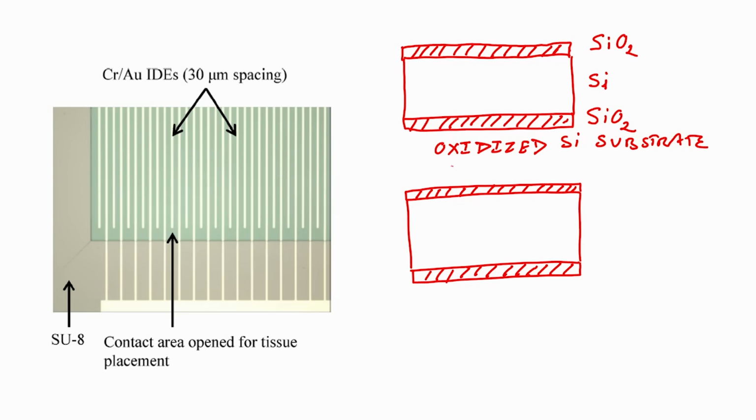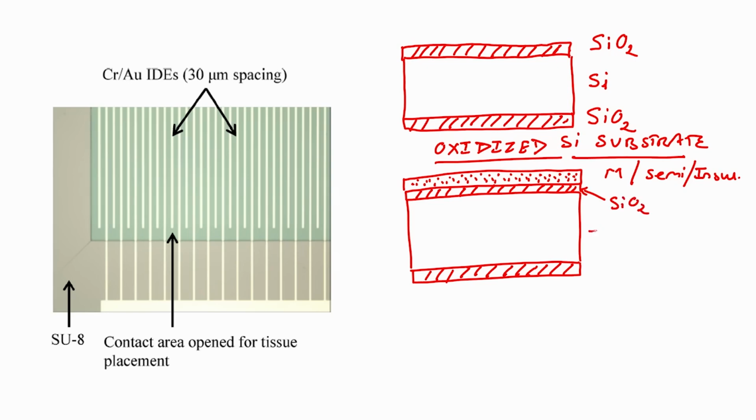So, now it is oxidized silicon substrate. On this oxidized silicon substrate, if I want to deposit a metal, or I want to deposit semiconductor, or I want to deposit insulator, because this is your insulating material.